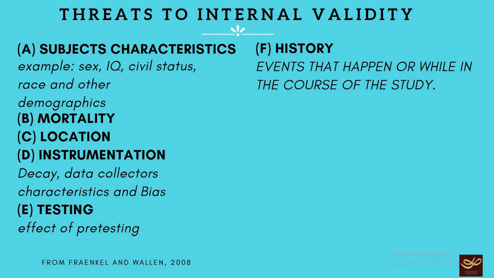For example, if you are doing a particular experimental research study about the effect of a learning design or a teaching design on students' performance, and then it just so happened that this student was able to learn about the content of the course beforehand, or the content of the course from another media.